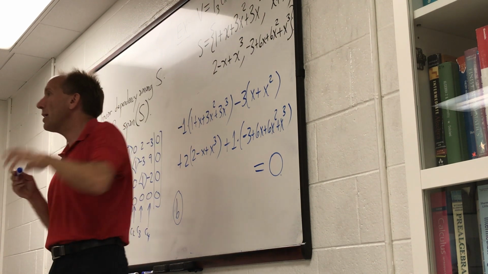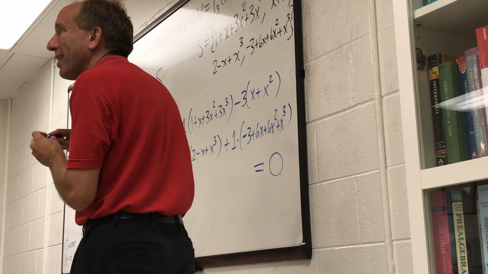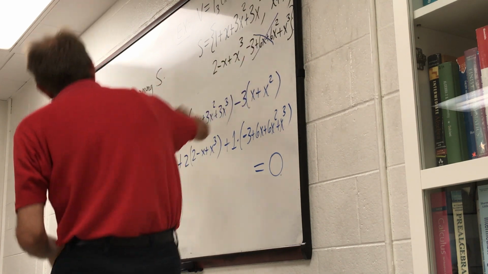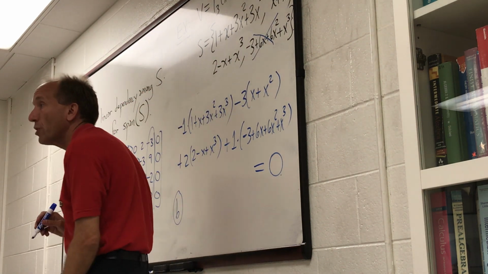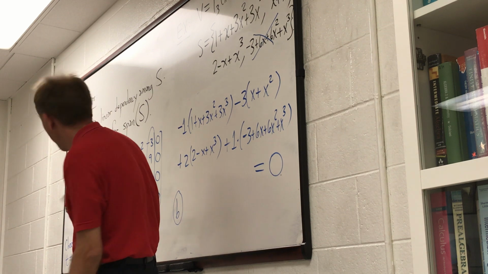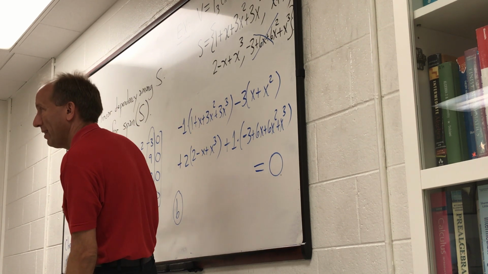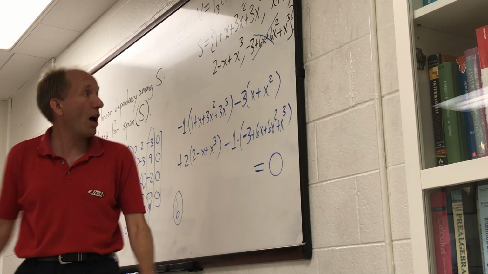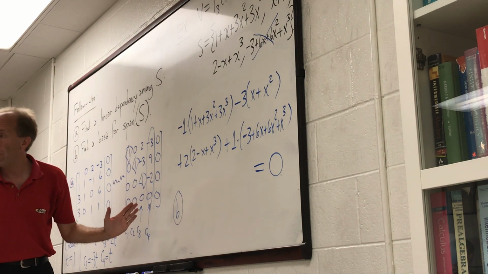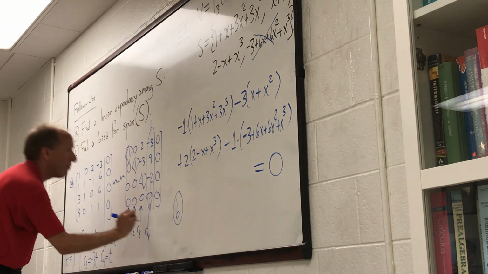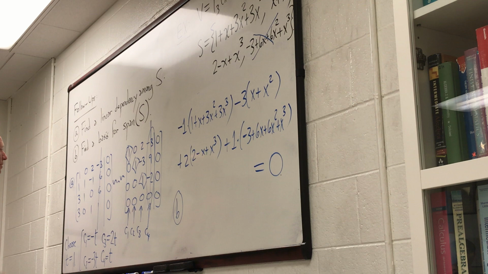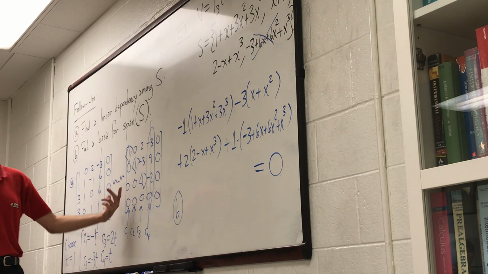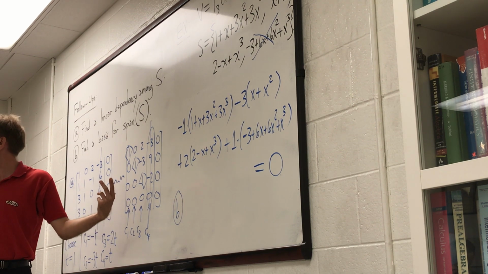Exactly. We did one like this in class. It's the 4th vector that is causing all the problems. The 4th vector is the one that leads to an unpivoted column in the matrix. And if I got rid of that 4th vector, then I would have no free variables anymore.